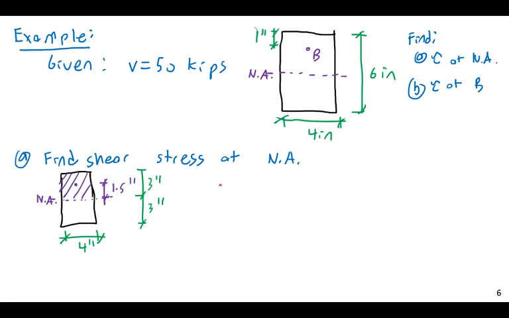And then tau is going to be equal to VQ over IT. Q is based upon just this portion above the point that we're interested in. That point is the neutral axis. This point is just the centroid. That's going to be the Y bar. But I, the moment of inertia, is based upon the entire section.